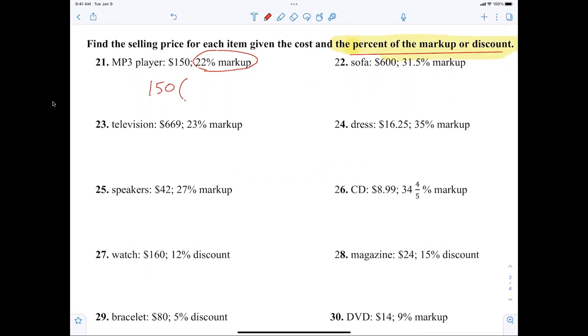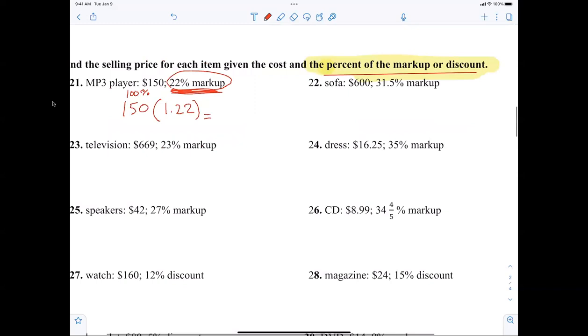Nope. We're marking it up how much? 22%. So the 150 represents 100%. If I mark it up 22%, what percent am I going to pay? 122. That's right. So what am I going to multiply 150 by? 1.22. Yes, that's your answer. Take 150, multiply by 1.22. Tell me what that is. $183.